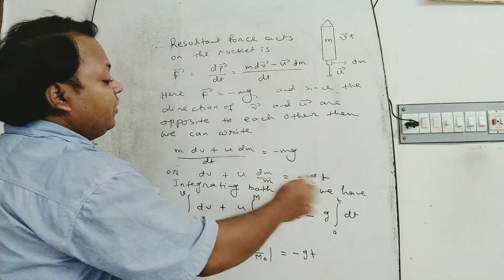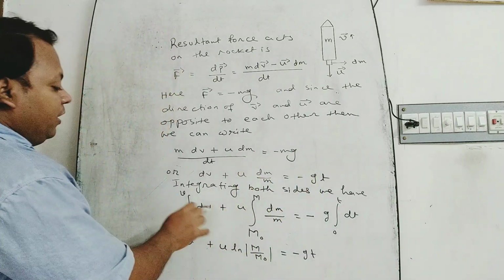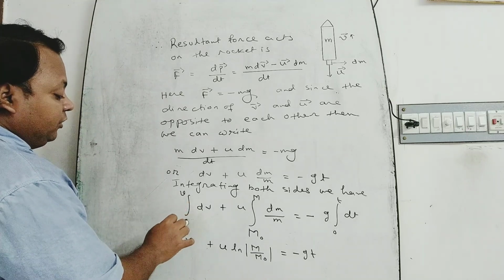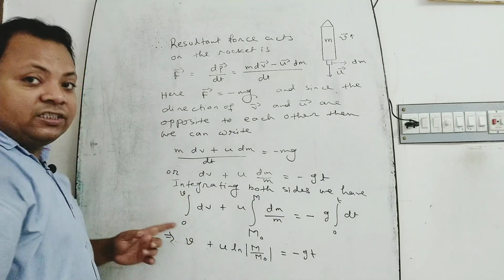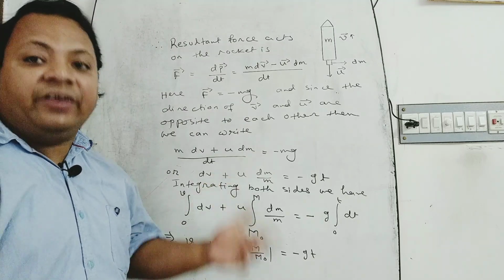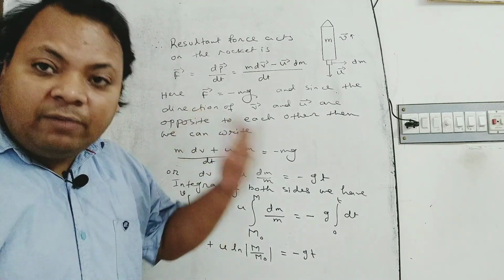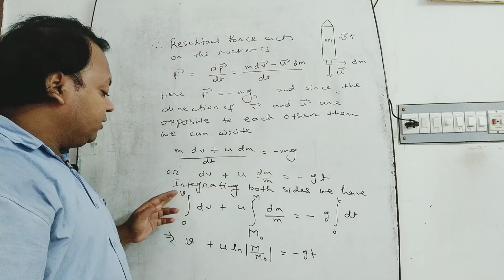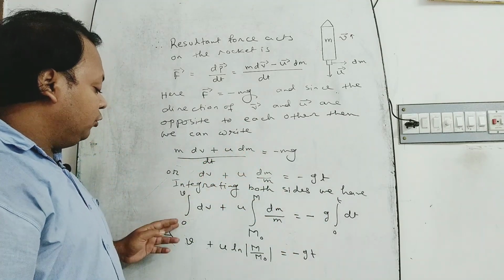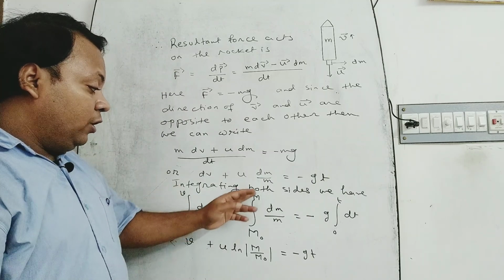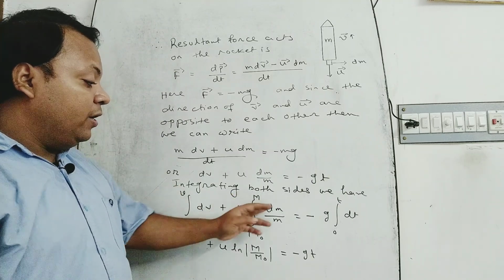Now integrating both sides, the limits of integration for dv are 0 to v. Since the rocket initially is at rest, the lower limit is 0, and after time t its velocity becomes v. Therefore, integration 0 to v dv plus u integration m0 to m dm by m.